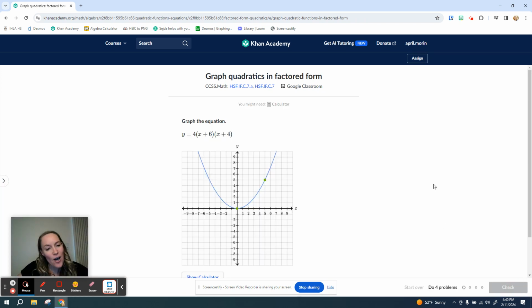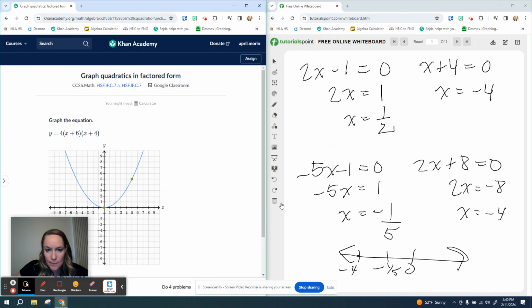Okay, now we are graphing the equation. First we're going to find our zeros, and our zeros are going to be those x-intercepts, where we set y equal to 0 and we figure out where we can graph those x-intercepts on there. Okay, so let's go ahead and plug this in.